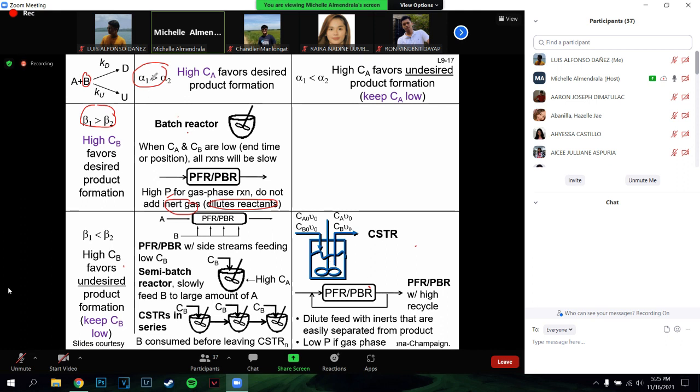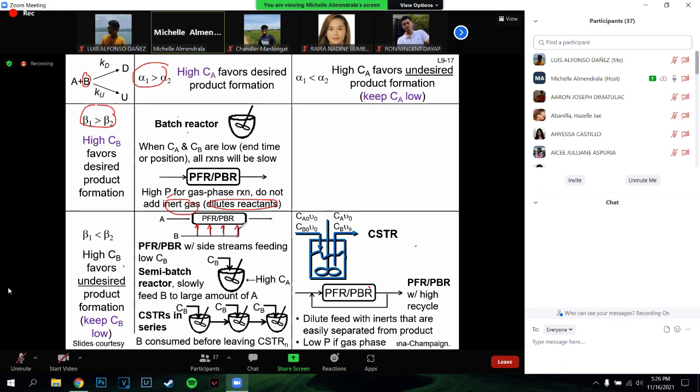So this one is A1 greater. Again, this is keeping CA high and keeping B low. So in this case, we have for packed bed or PFR with side stream feeding, to keep the CB low because we want the CB to be low. So your B has to be fed one at a time, slowly throughout the length of the reactor.